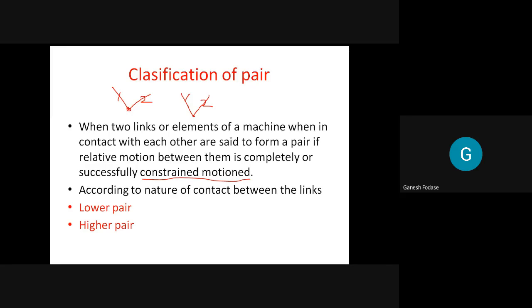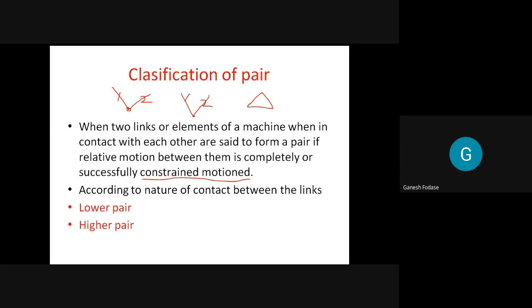How do we define a link? A link is a resistant body which has relative motion with respect to another link. Remember, a link must have relative motion with respect to another link. And if it does not have relative motion, then it is not a separate link. Let's take an example.